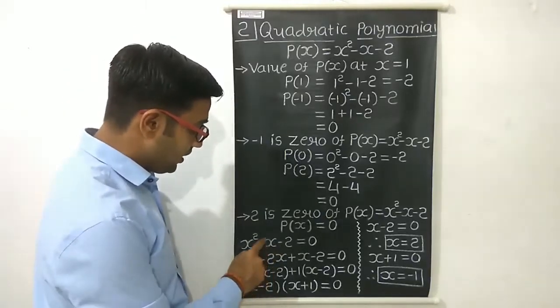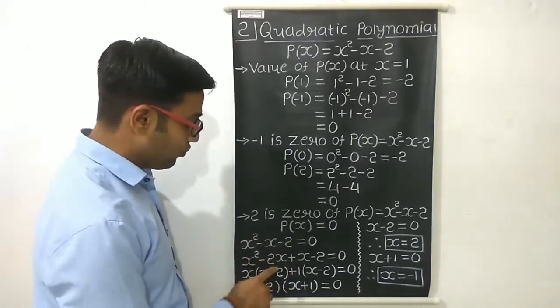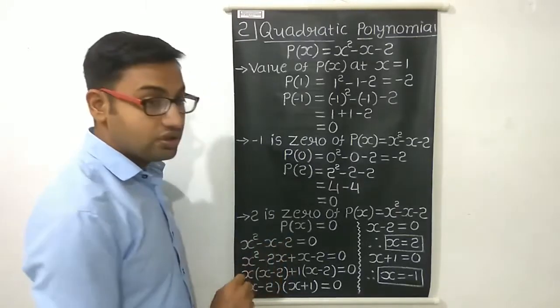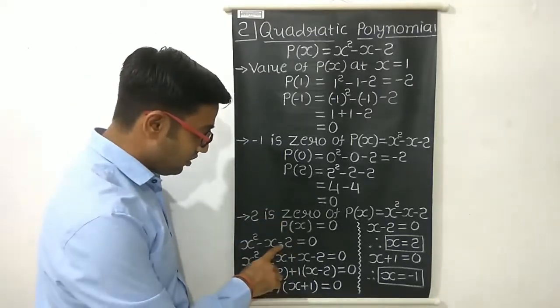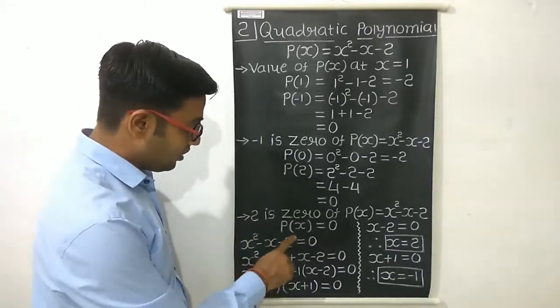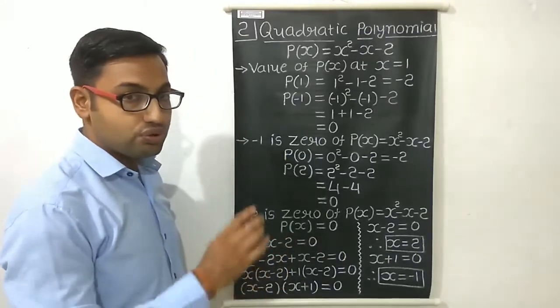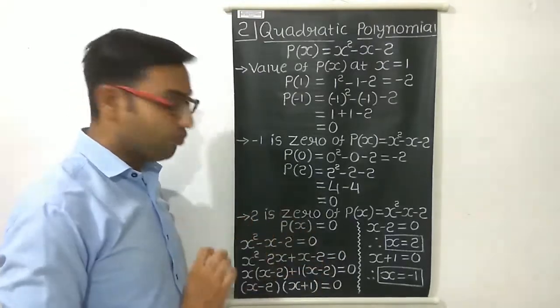So here, the middle term coefficient is 1, and the constant is 2. We have to factorize 2 such that the subtraction of its factors becomes 1. So 2 ones are 2, and 2 minus 1 is equal to 1.